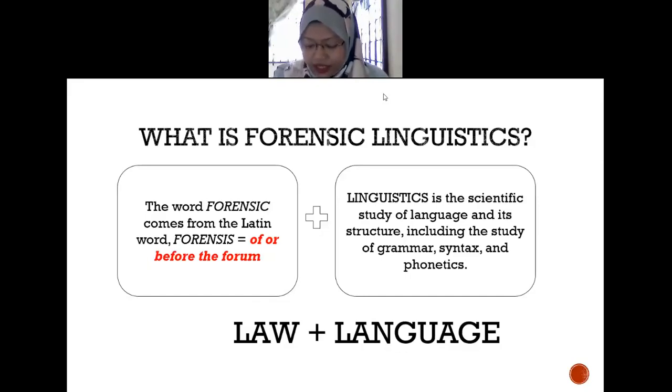It therefore means the science which is used in courts for justice, whereas linguistics is the scientific study of language and its structure, including the study of grammar, syntax, and phonetics. So forensic linguistics is like a marriage between law and language, right? Moving on to the next slide.